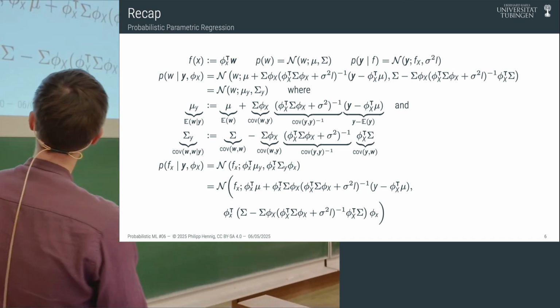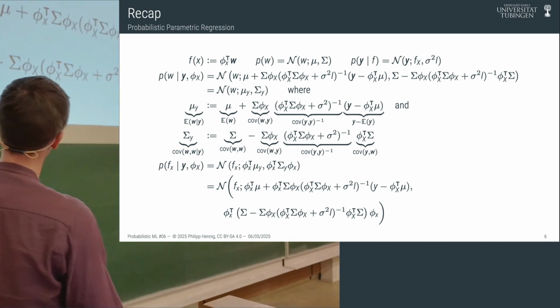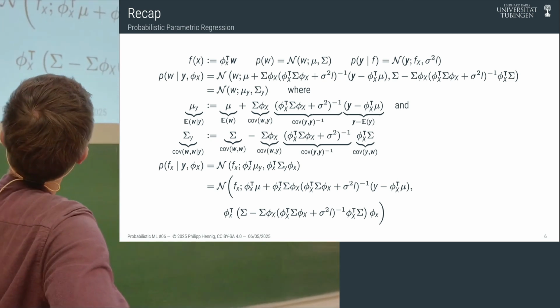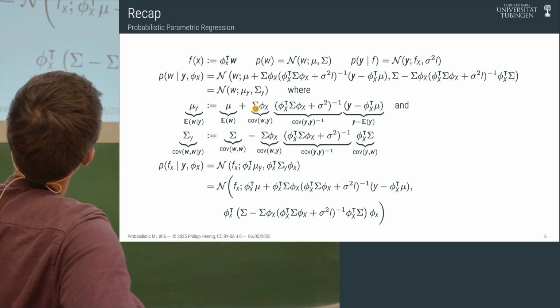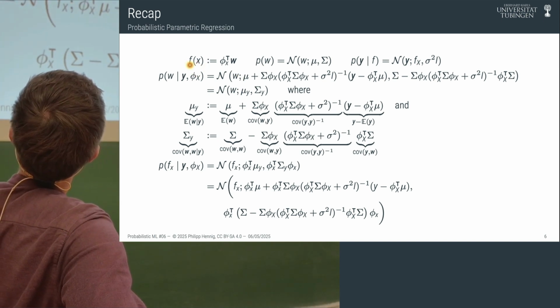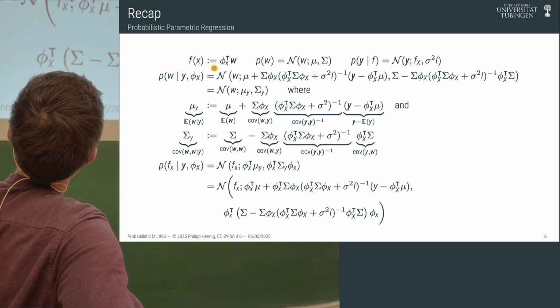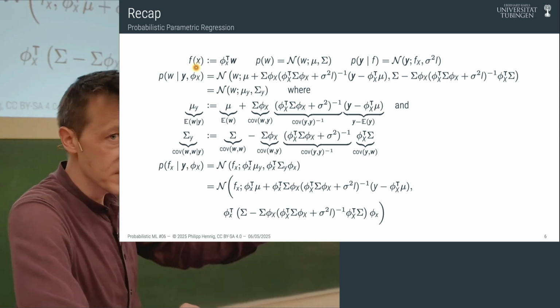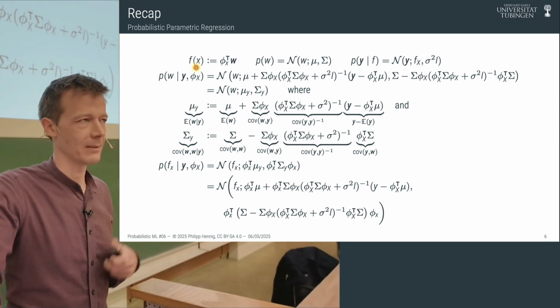So if you try to write down the entire thing we did onto a slide, then let me remind you, just to get you into the mood again, what we're doing is we're trying to learn a function that takes inputs and maps them to outputs. Actually, I could write this as a second order function of inputs x and weights w.